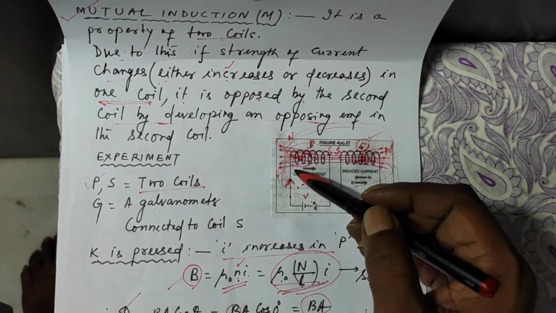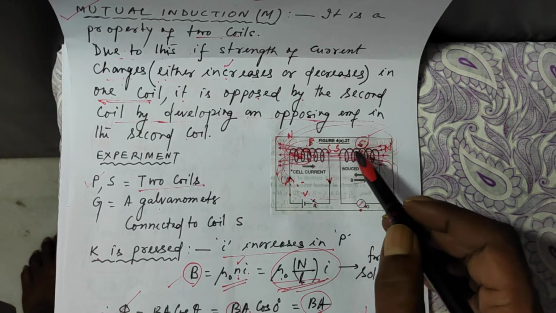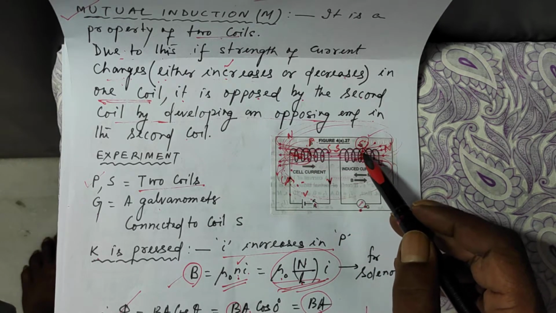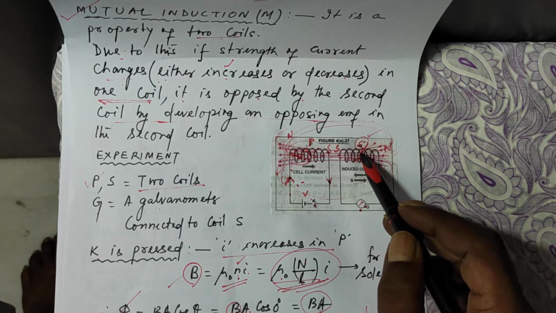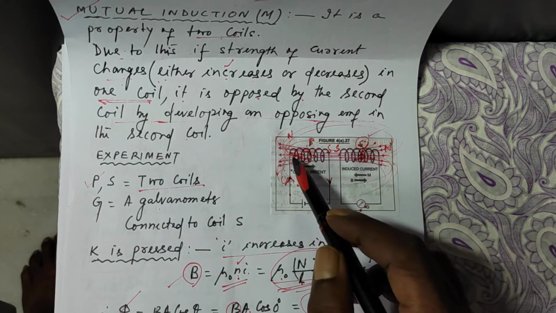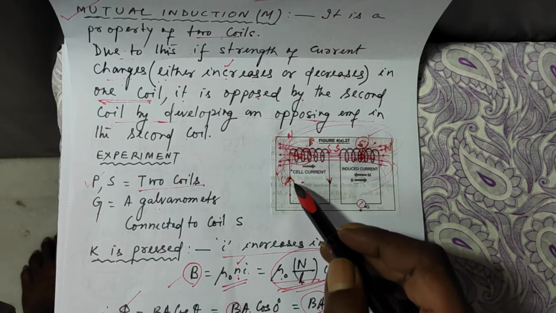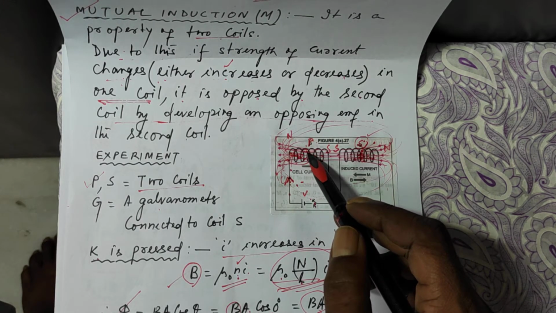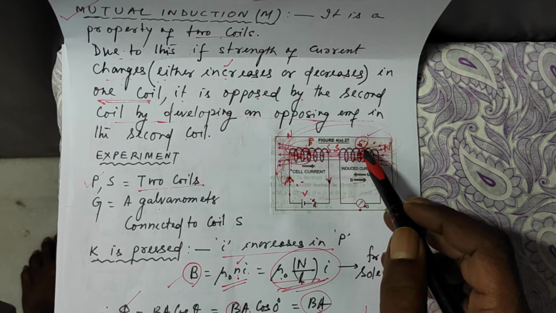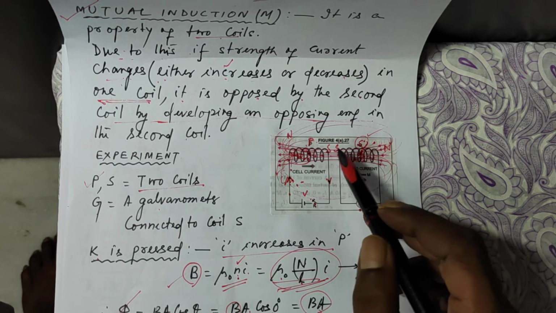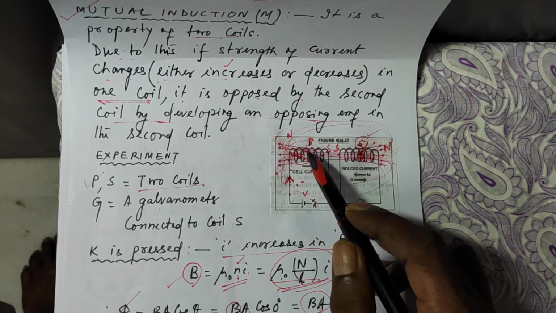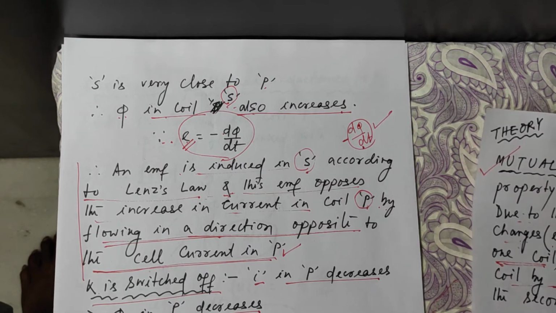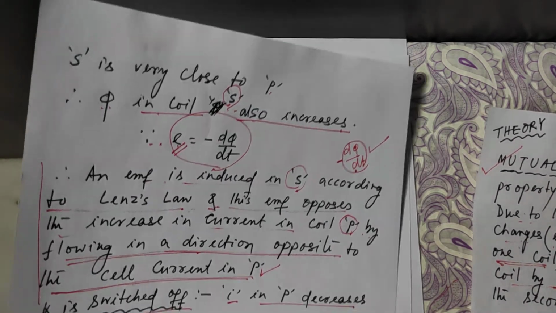Whenever current increases here, the flux in P increases, therefore in S increases. So S produces an opposing EMF to reduce the current in P. Similarly, when the key is switched off, current decreases, so the flux in P decreases, so the flux in S decreases, so S produces an EMF to oppose the decrease of the current in P. So that is the basic principle of mutual induction.